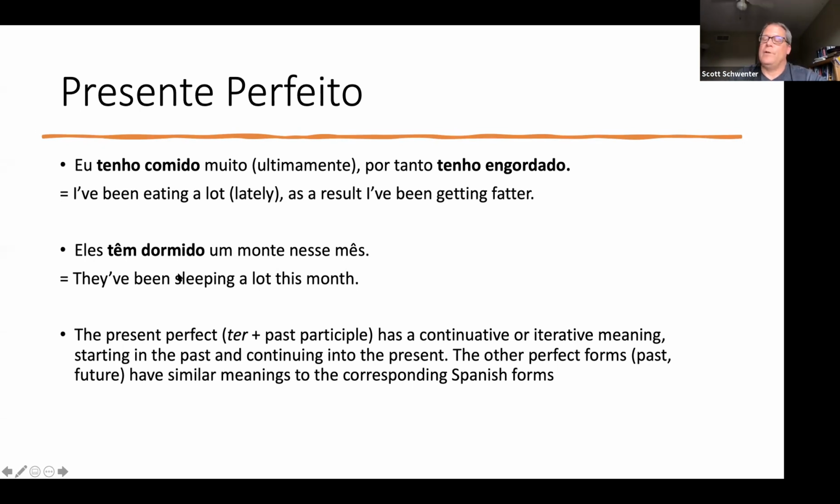So very different from what we find for Spanish. Now, the other perfect forms, like the past perfect or the future perfect, have similar meanings to the corresponding Spanish forms. So you're pretty safe with those. But this one, and I hear students or Spanish speakers do it all the time, right?